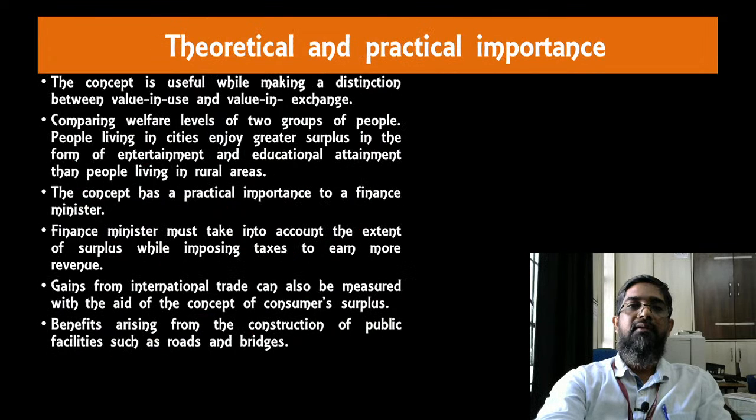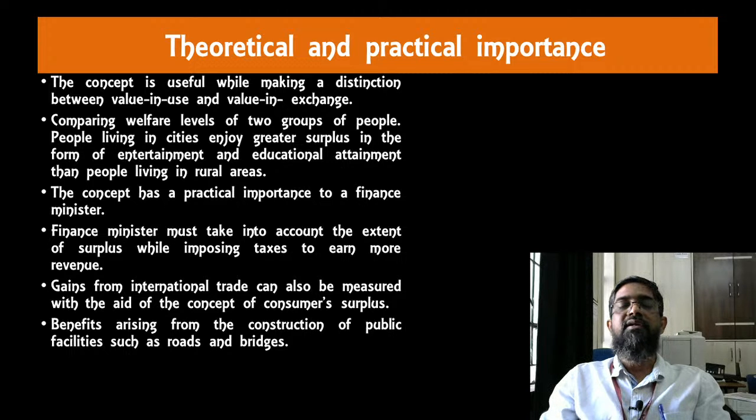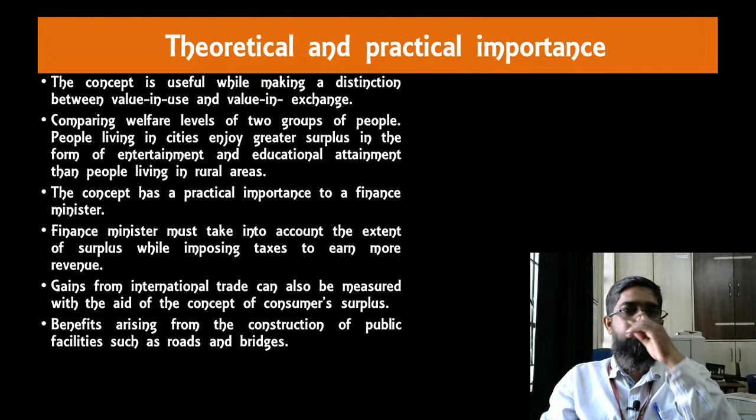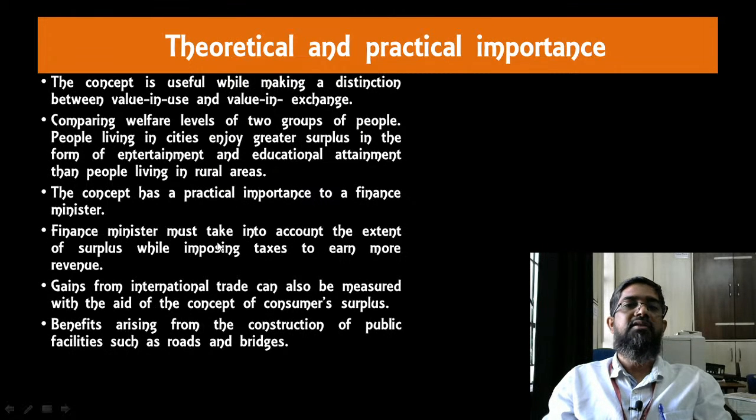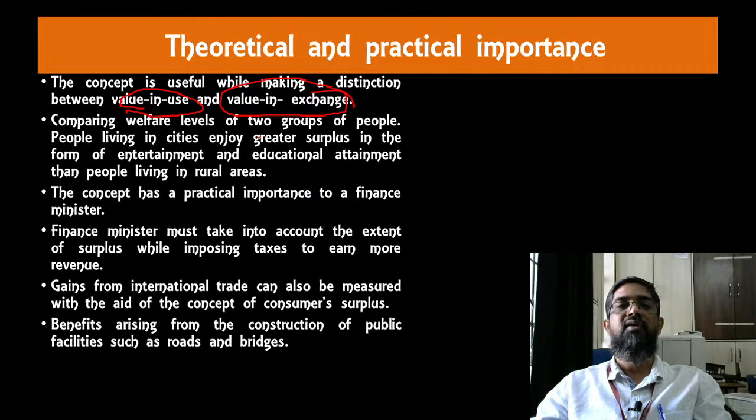Now moving on to the theoretical and practical importance of consumer surplus. Quickly see, this consumer surplus is used in explaining the distinction between value in use and value in exchange. Sometimes the exchange value of things is very low, but the value in use is very high.